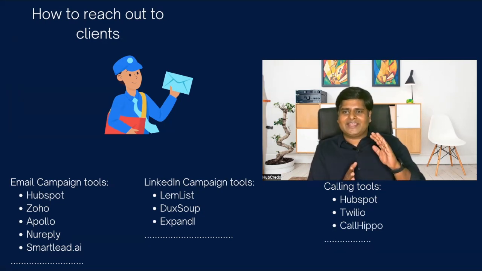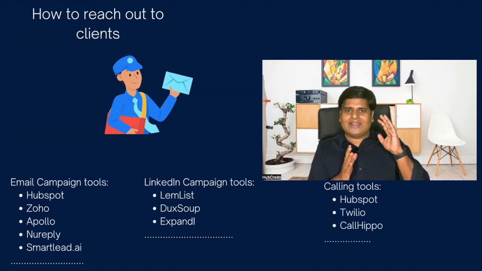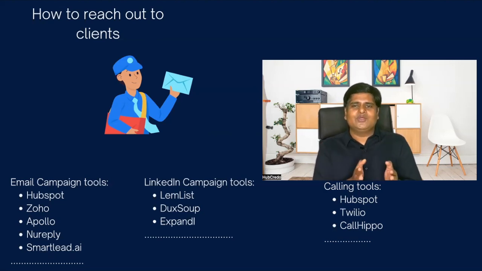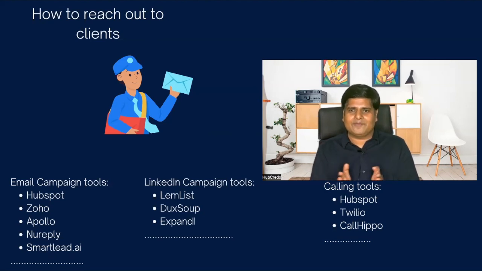I can say there are almost more than 100 email campaign tools which exist in the market. A few examples are Apollo.io, HubSpot, which is a very good email campaign tool, and NewReply. And every month you would see one or two new email campaign tools coming into the market.